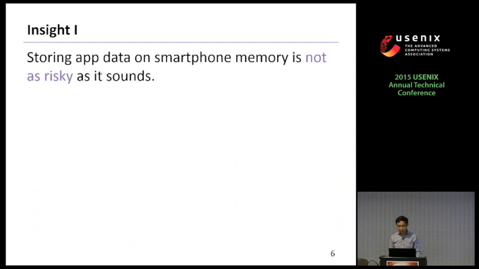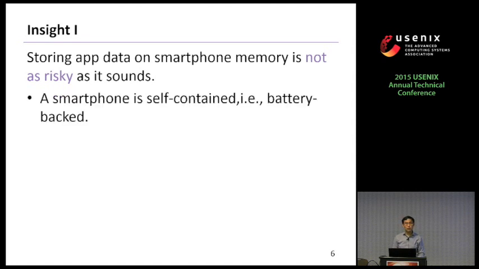Okay, the first insight is about data reliability. There are 3 reasons that we argue in-memory store is reliable enough for most apps. The first one is a smartphone has battery-backed memory. In the world of desktops and servers where power outage is the threat, battery-backed memory is considered reliable.